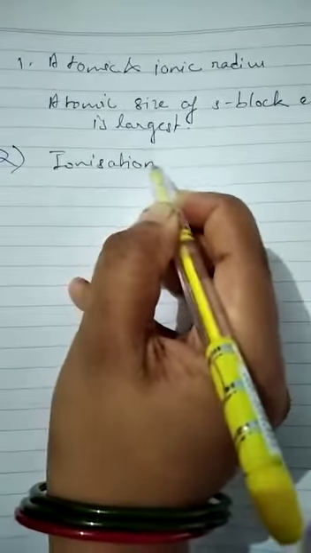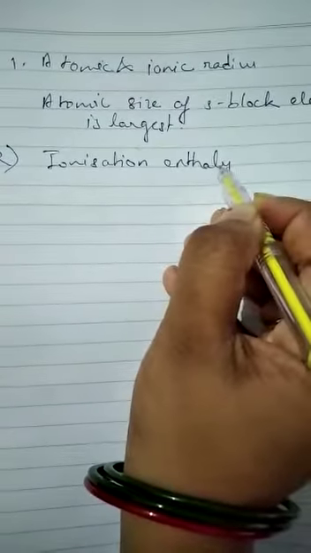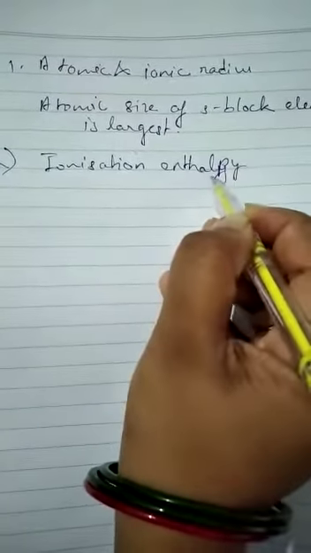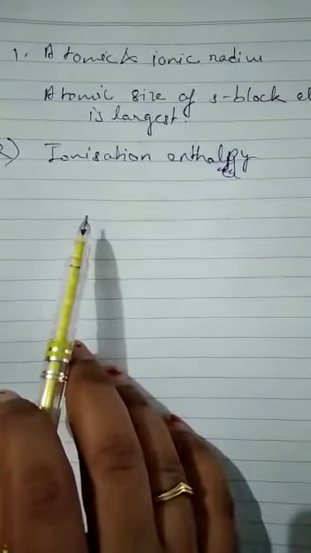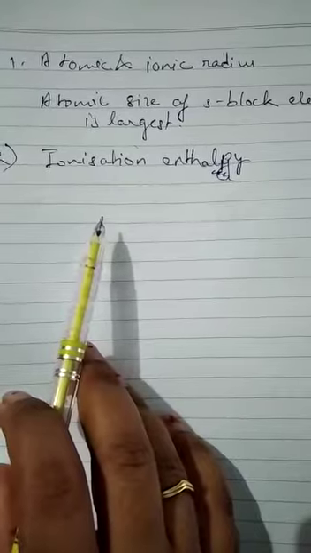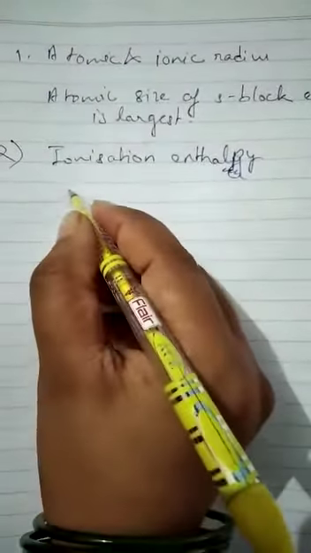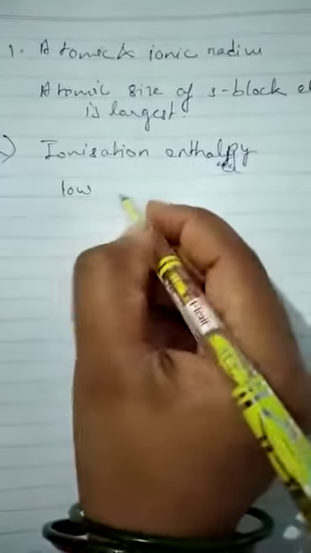Ionization enthalpy, you know that it is the amount of energy which is required to remove the outermost electron from the shell of an atom. The ionization enthalpies of all the alkali metals are low. Okay, so the alkali metals have a low ionization enthalpy.